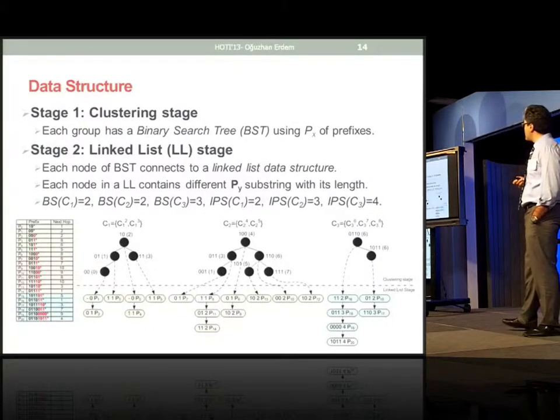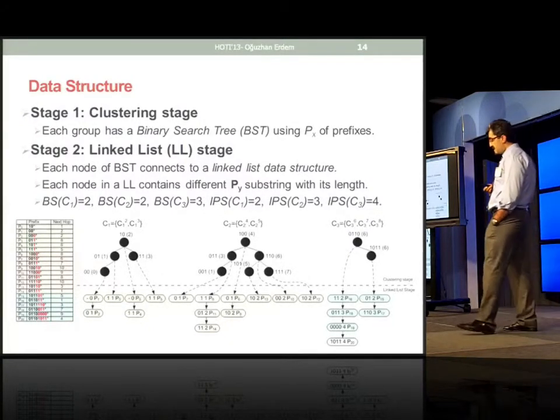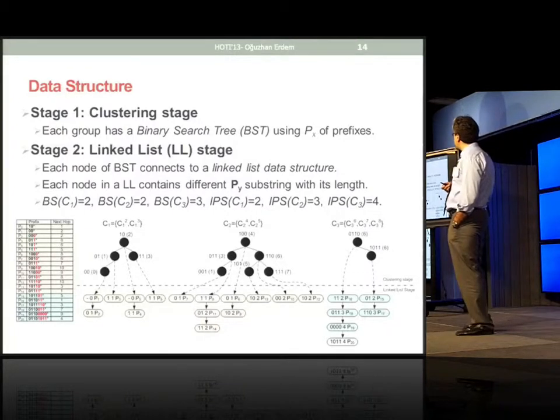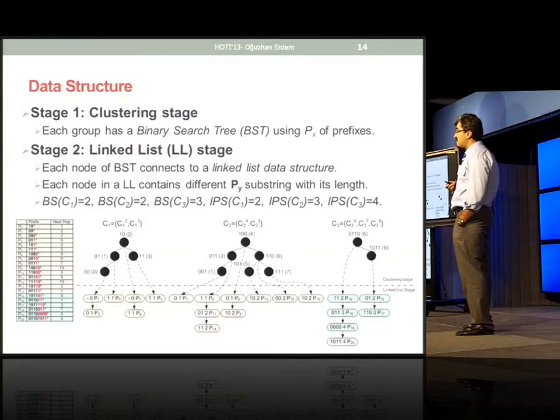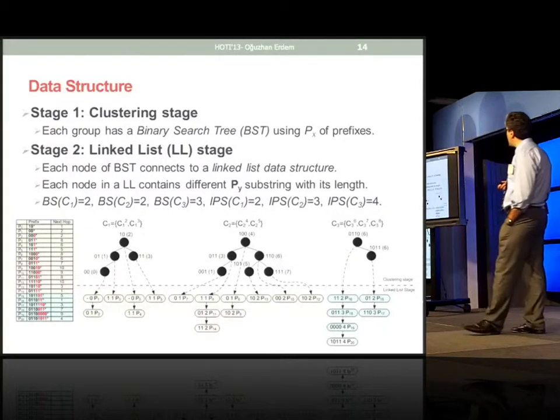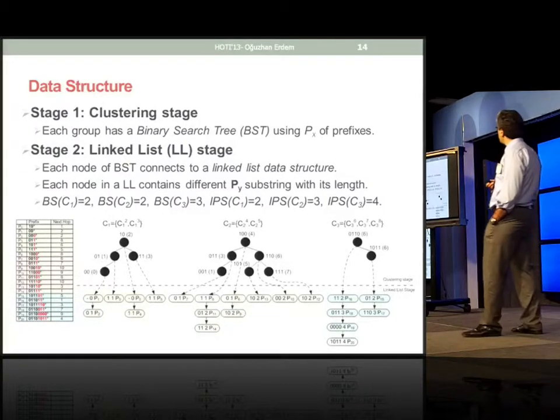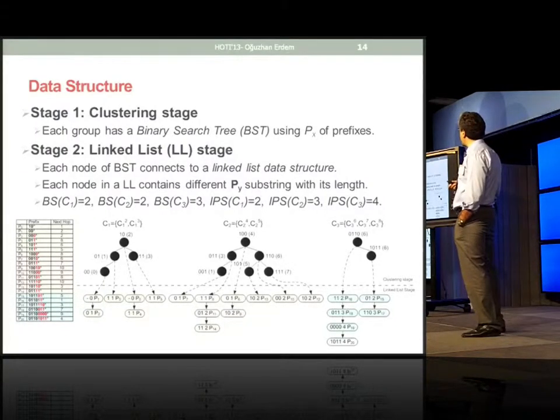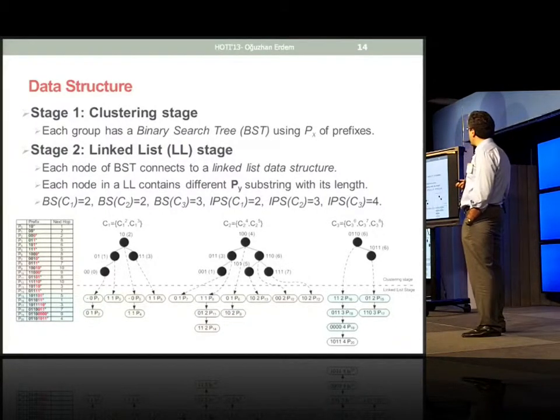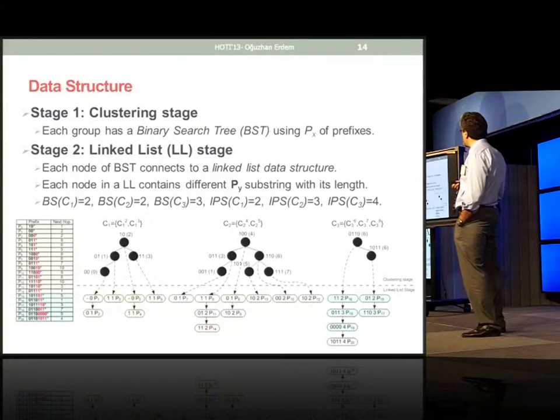Here we have a simple clustered linked list forest data structure in the figure, built by using this simple sample routing table on the left side. We have 3 clusters here. The first cluster, C1, includes prefixes whose lengths are 2 and 3. Therefore, the block size of that cluster is 2.